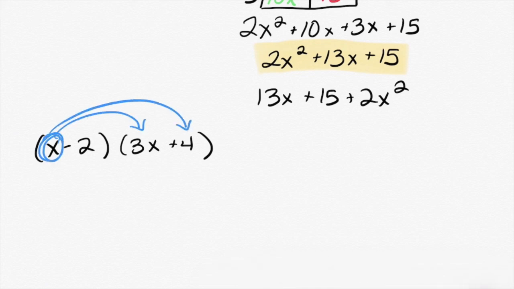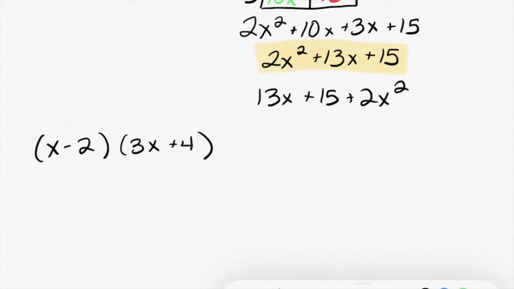And then I'm going to take this minus 2 right here and multiply it by the 3x and the 4. Just think of it like distributive property. That works for every one of these problems. FOIL, as you'll see in a little bit, I'm going to give you some FOIL examples that don't work very well using FOIL.